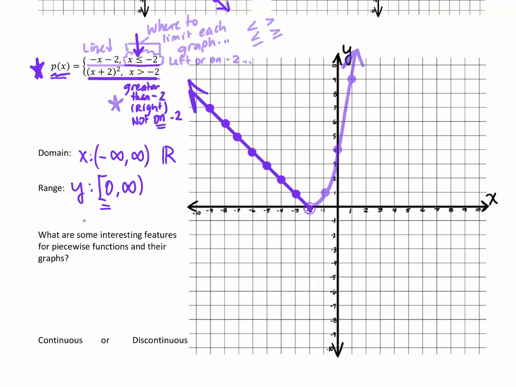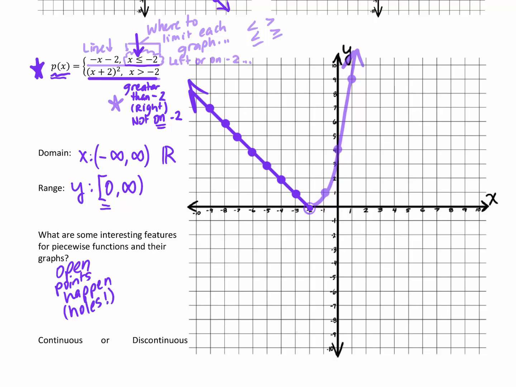All right. A couple of interesting thoughts about piecewise graphs. Open points happen again. We talked about those when we talked about holes in the rational chapter.